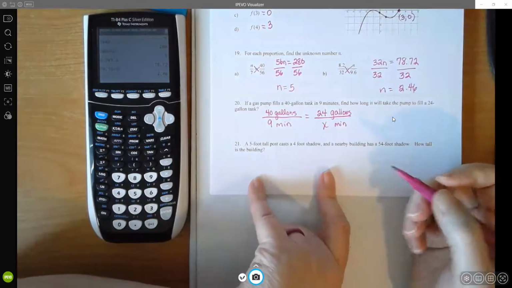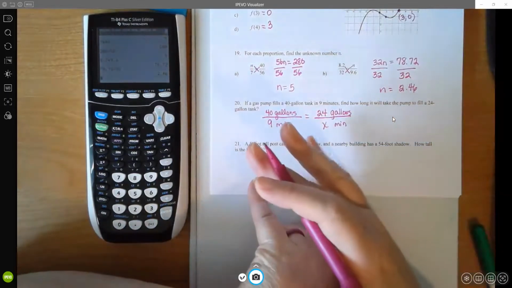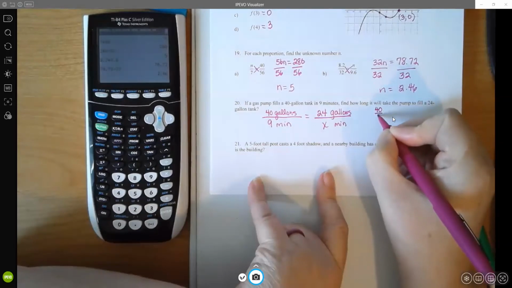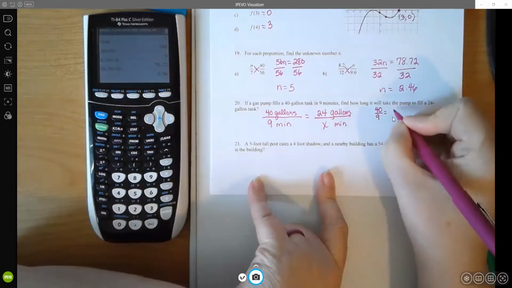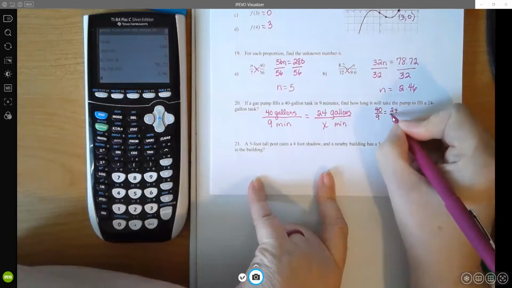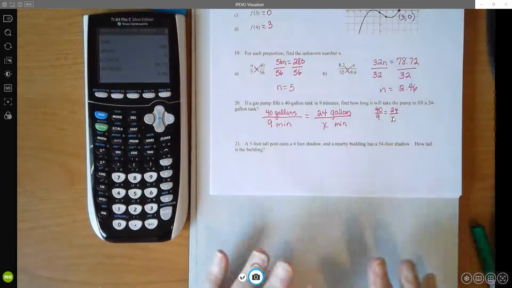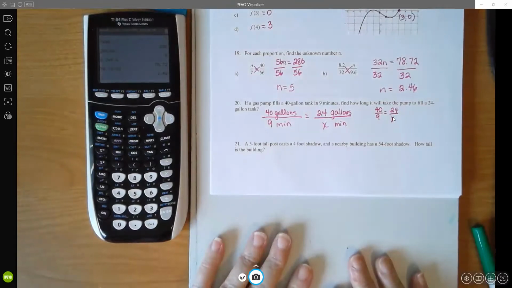Now this has units in it and words in it, and I don't want to do a word problem there, so I'm just going to copy that with just the numbers. So 40 over 9 equals 24 over x, and I'm going to work this problem just like I did problem number 19.